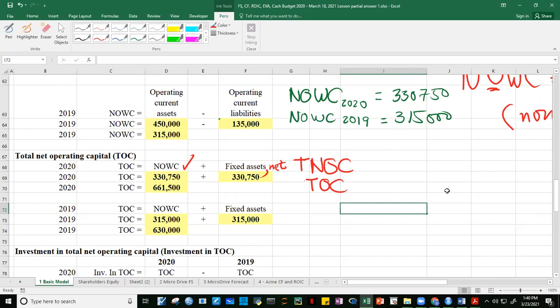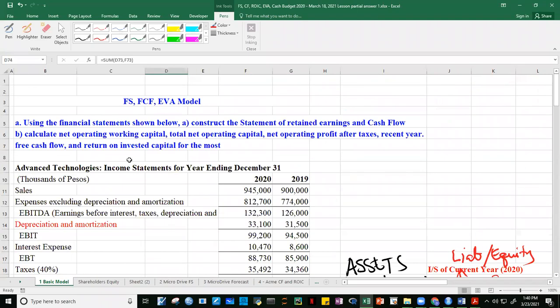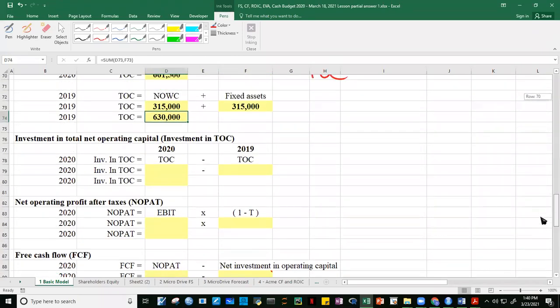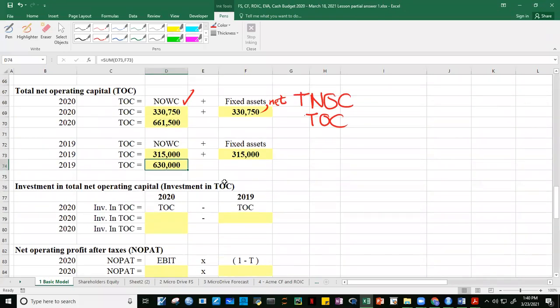Ibig sabihin, capital yan na gagamitin for the conduct of the business of the company. 630 million, take note that these figures are in thousands of pesos, so in millions to. So in 2019, the company was provided with 630 million, pero for purposes of just reading it, 630,000 of operating capital.